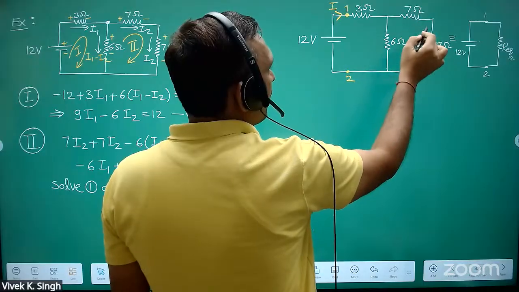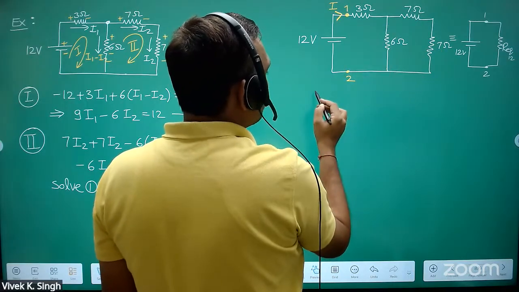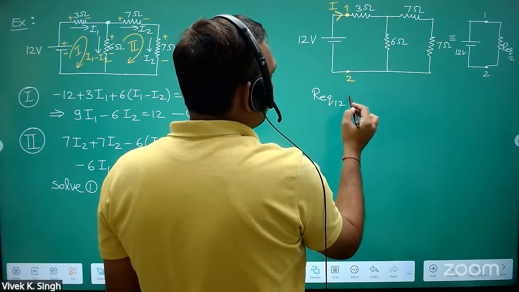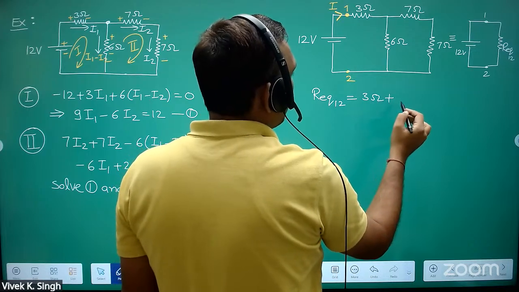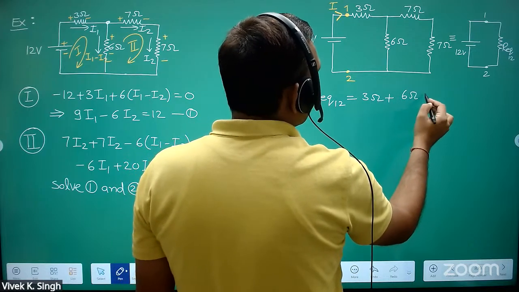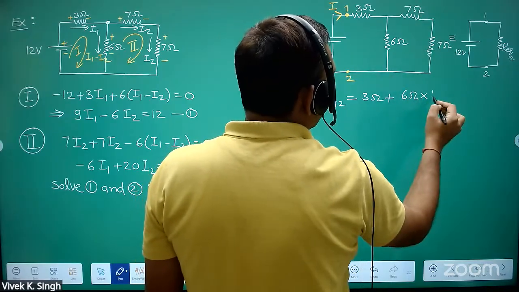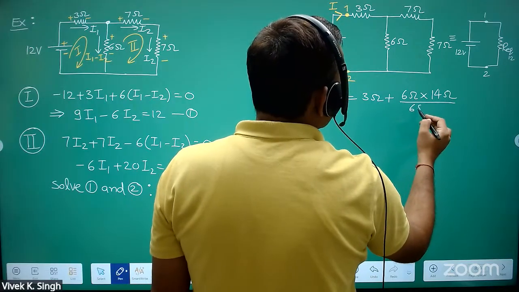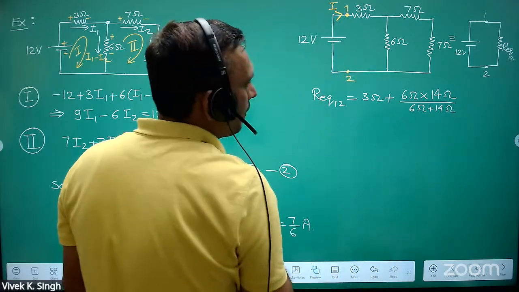So R equivalent between 1 and 2 is given by 3 ohm plus 6 ohm in parallel with 14 ohm, because these two are in series, then it is in parallel. 6 ohm times 14 ohm divided by 6 ohm plus 14 ohm.